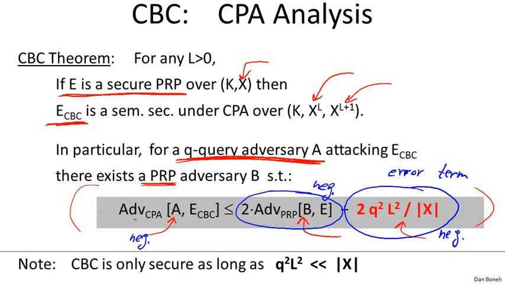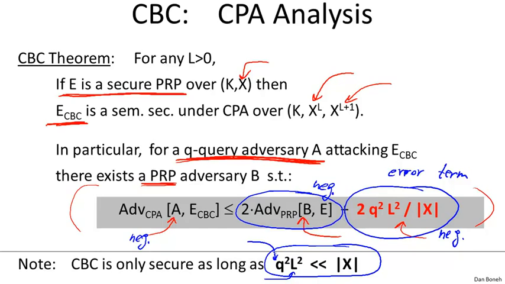So this says that for eCBC to be secure, it had better be the case that Q squared L squared is much, much smaller than the value X. Let me remind you what Q and L are. L is simply the length of the messages that we're encrypting. L could be, say, 1,000, which would mean that we're encrypting messages that are at most 1,000 AES blocks.